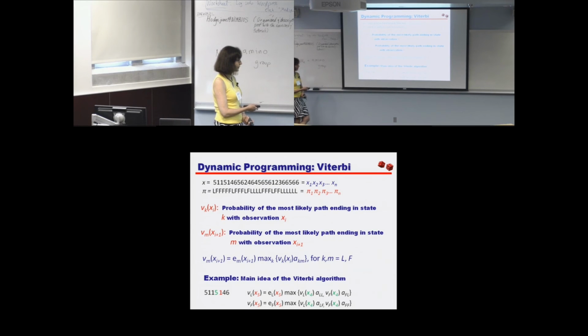And if I happen to have used the fair die to get the maximal probability sequence, I'll have to switch. And in both cases, I need to emit the 5th element here, which would be the 1 in this case. And I want to take the maximal of those 2 options, which will give me the maximal probability overall, the maximal probability sequence that ends at L, emitting the symbol 1 in my case, x5.